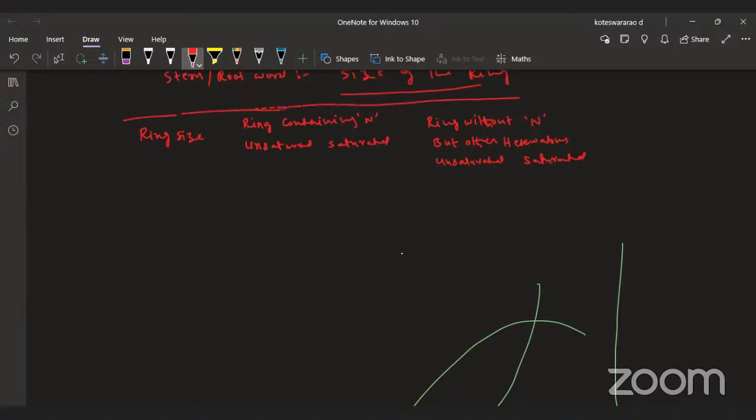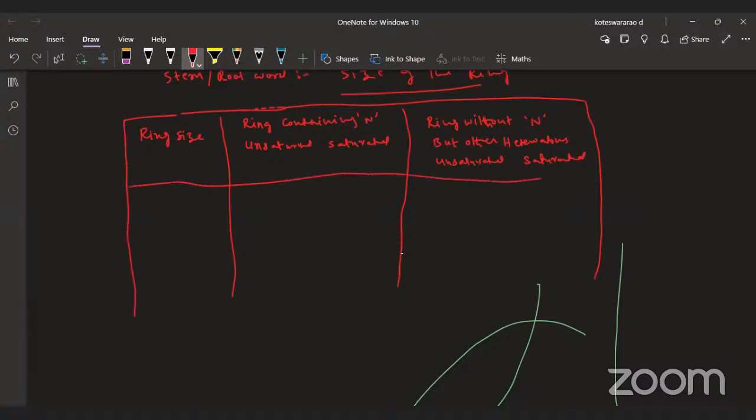Please ask me if you have any doubts, because these basic concepts are very important. This heterocyclic topic will not end in the first year. The deeper heterocyclic topics are dealt with in the second year. Here it is only one unit, while in the second year it is a block of five units dealing entirely with heterocyclic compounds.